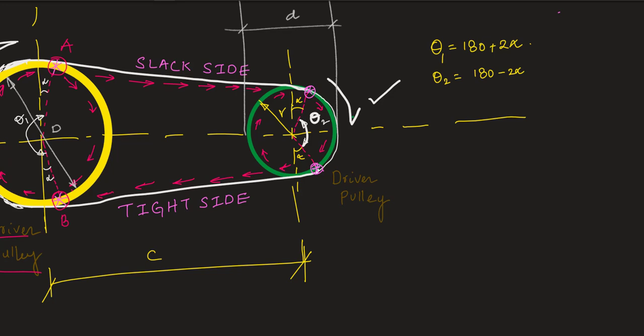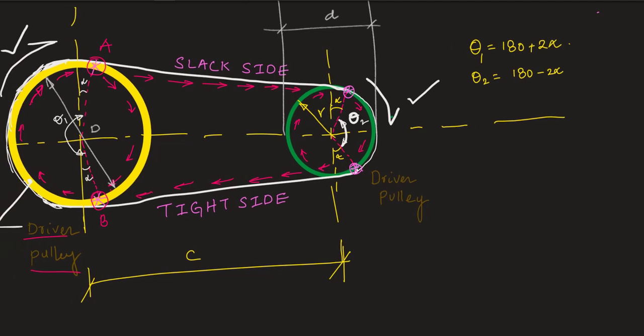Similarly, this one is a driven pulley. For the driven pulley, you can see the belt starts contact with the pulley at this point.